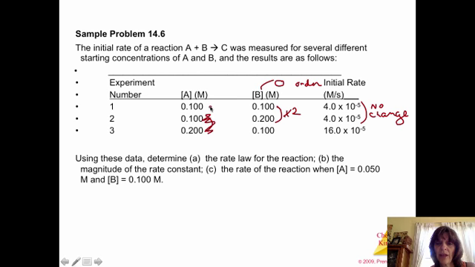So with A, 0.1 to 0.2, that's a double, we need to look at numbers 1 and 3 because B is held constant in 1 and 3 and A is doubled. So as A is doubled and B is held constant, I'm going to try another color. There we go. That'll help. The rate quadruples. Do you remember what that was from a previous slide? This is doubled and this is quadrupled.